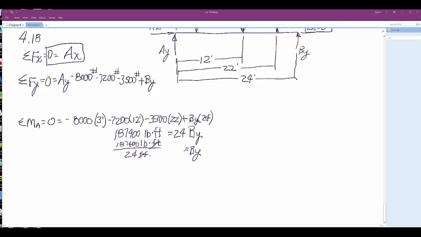The feet cancel out, we're left with pounds. So you should have BY of 7808.3 pounds. We said it was going up. It's a positive value, so it is going up. So that would be BY.